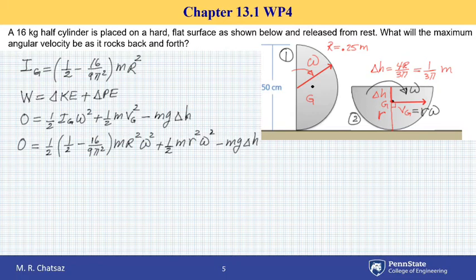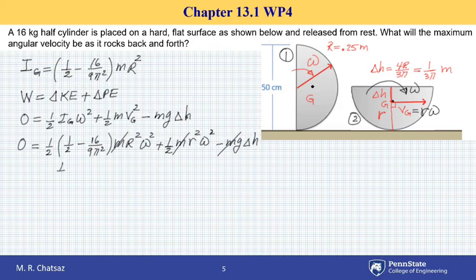Observe that all terms have m and the other side is 0. Therefore, I can cancel out m to simplify my calculation. I also multiply both sides of the equation by 2 to cancel the 1/2 and throw g delta H to the other side.